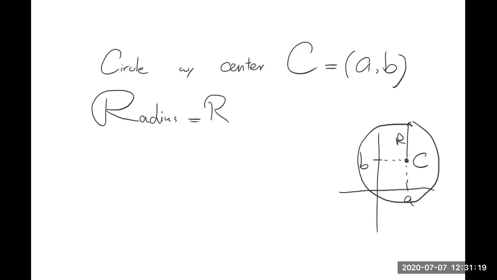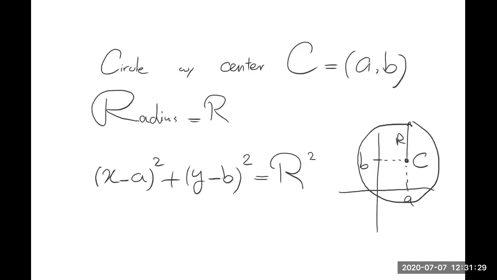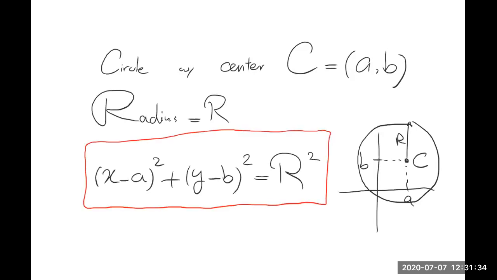The equation of this circle would be x minus a squared plus y minus b squared equals r squared. That would be the equation describing this circle.